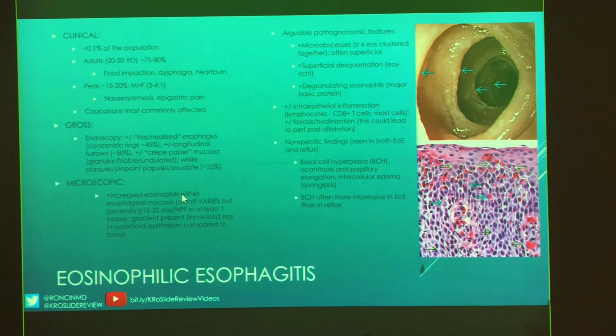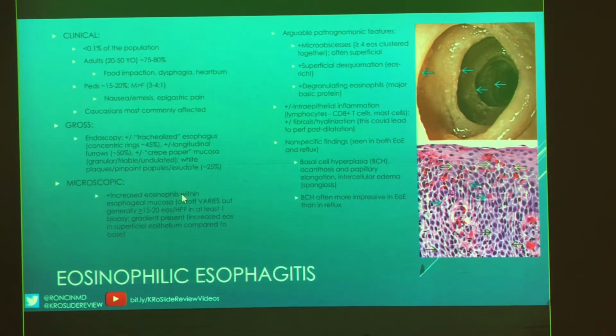Sometimes they can have longitudinal furrows or fissures, and they can even have what's known as crepe paper mucosa, where it's really friable, looks granular, and you may even see white plaques that, when you examine them, tend to correlate with either pinpoint papules or exudate.